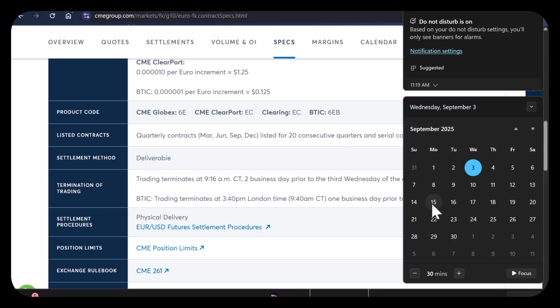The reason for 2 business days: in spot markets, a spot transaction, unless you're doing it directly with your bank, is actually a T+2 settlement. So if I do a spot trade between banks on Monday, the actual settlement, which means exchange of euros and dollars, happens on Wednesday.